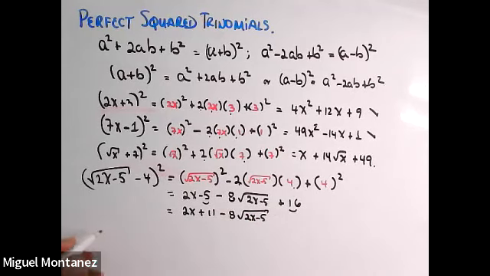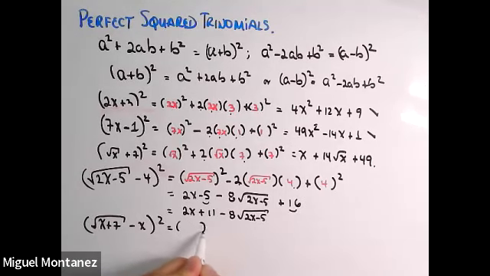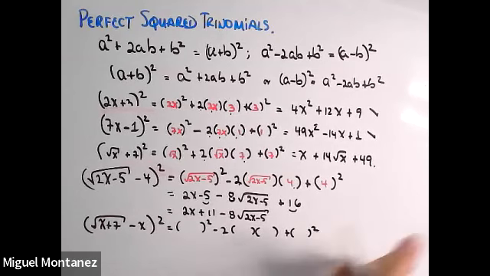One more for the sake of it. What if I have (the square root of x plus 7, minus x) squared? Let's see what we have. Once again, a squared minus 2ab plus b squared.